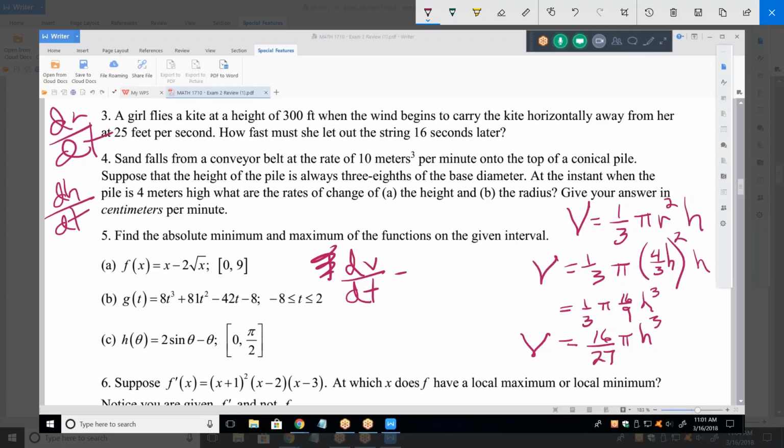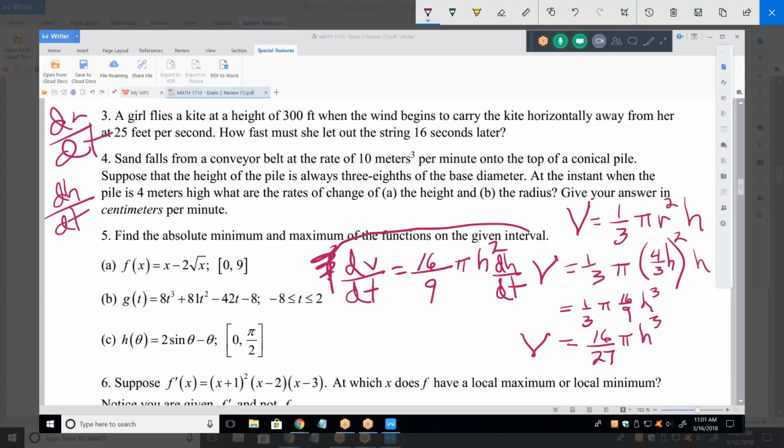So it's a lot like explicit differentiation. I could always use implicit differentiation. Always. Over here, I'm going to get 16/9 pi h squared, see how I got that? Yeah. Times dh dt.